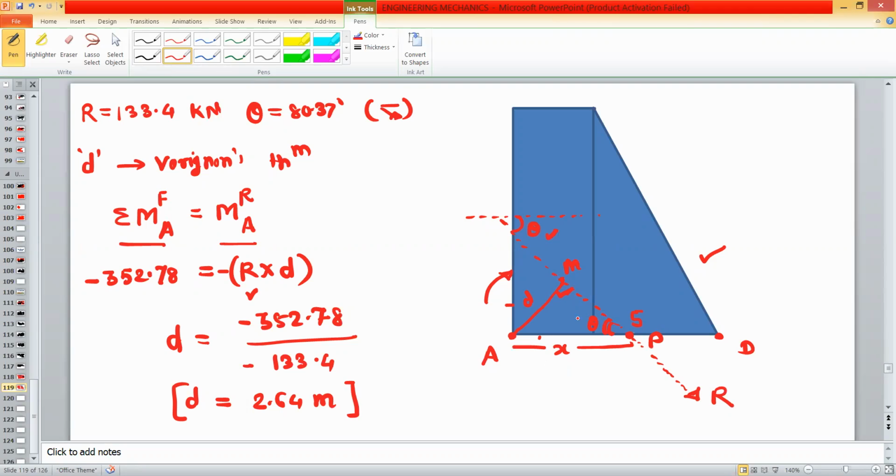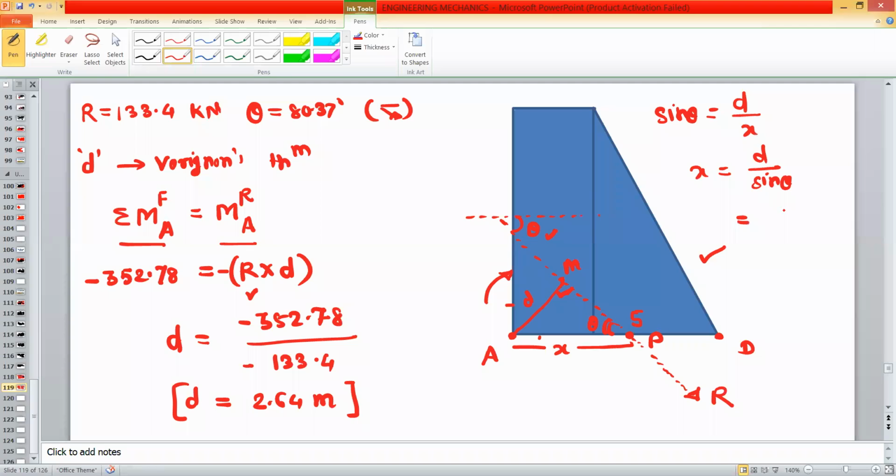So you can use sin theta: opposite side divided by the diagonal. Sin theta is equal to the opposite side, distance D, over the diagonal x. So x is equal to D divided by sin theta.